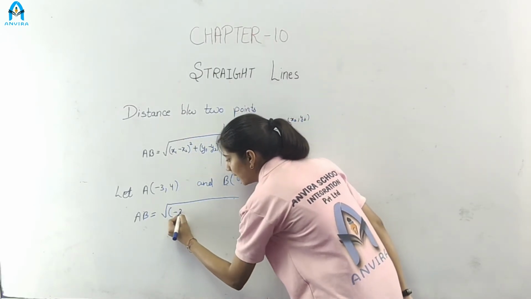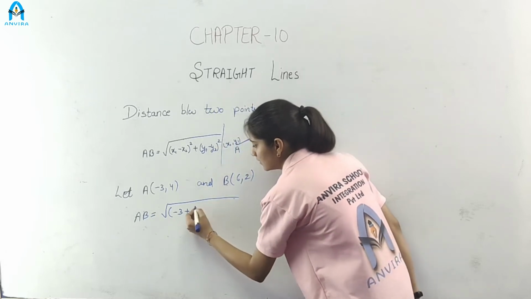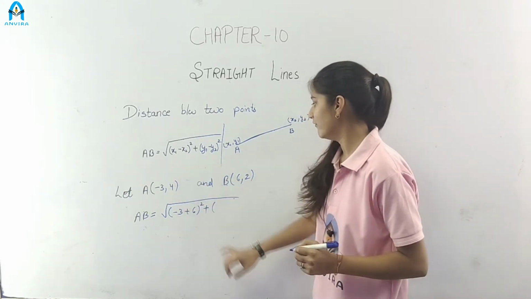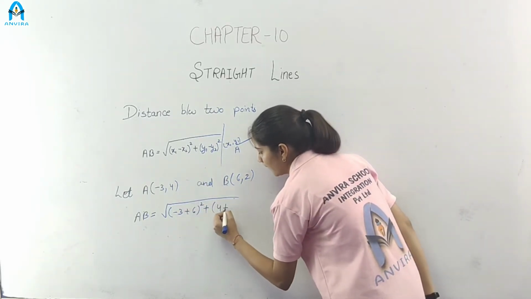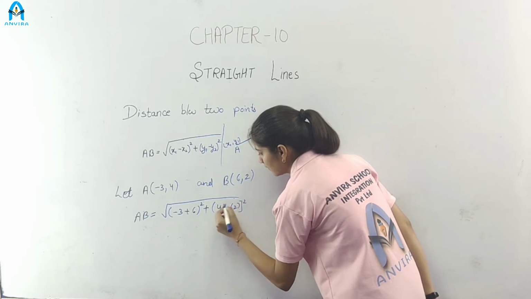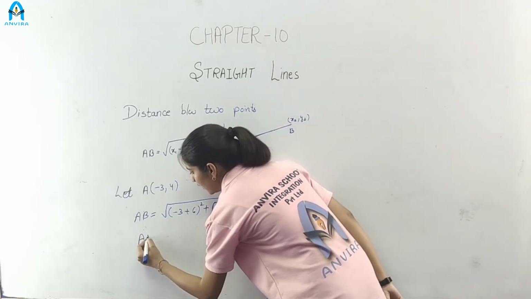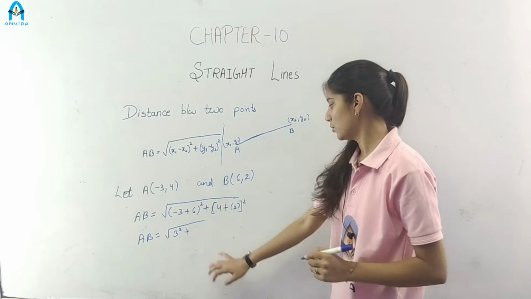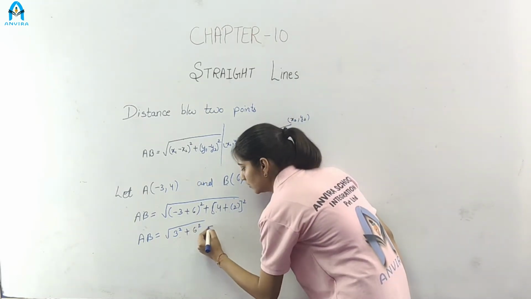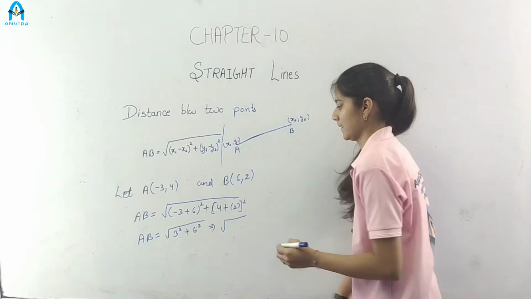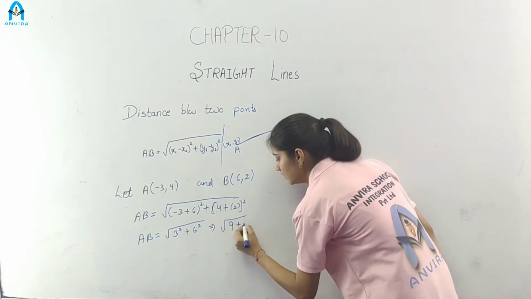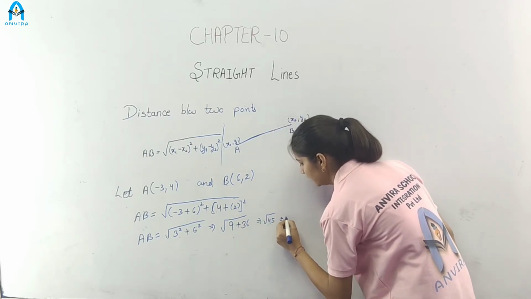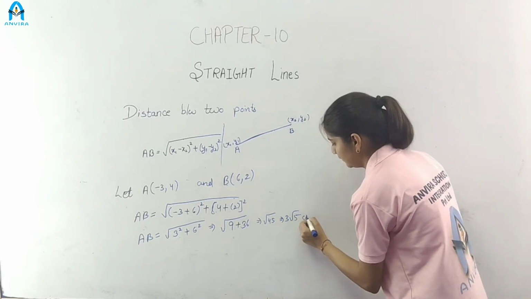So here I put the values. x1 is minus 3, minus 6, whole square, plus y1, which is 4, minus 2, whole square. So AB is under root of 3 square plus 6 square, which is 9 plus 36, that is under root 45, that is 3 root 5 centimeters.